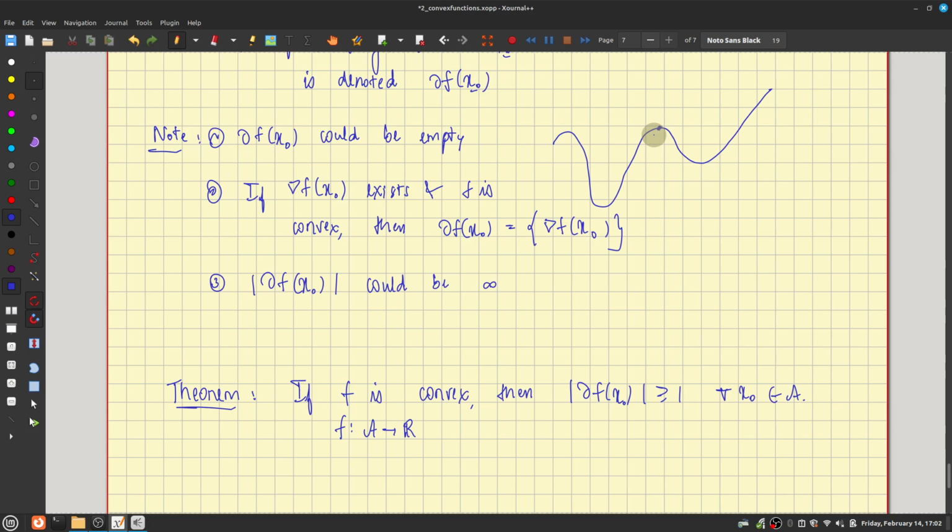This is the opposite direction, where you can observe subgradients for non-differentiable functions. So you mean to say that at every point, if the subgradient exists, then the function is convex? True. Yes, that also holds. That's another characterization of convexity.